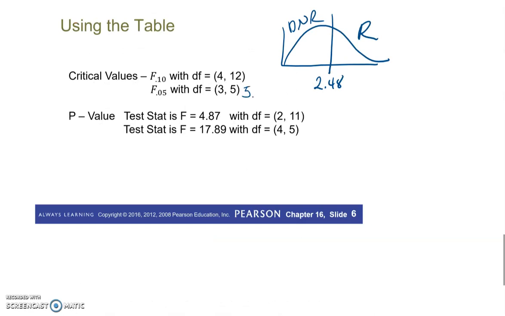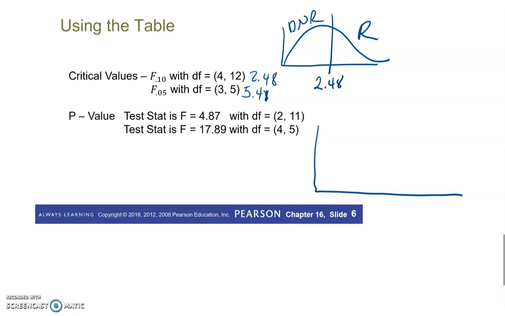This would be 5.41, and this is 2.48. And of course, the other thing we have to do with our F tables when we're evaluating our hypothesis is a p-value approach. So let's take a look at that one.